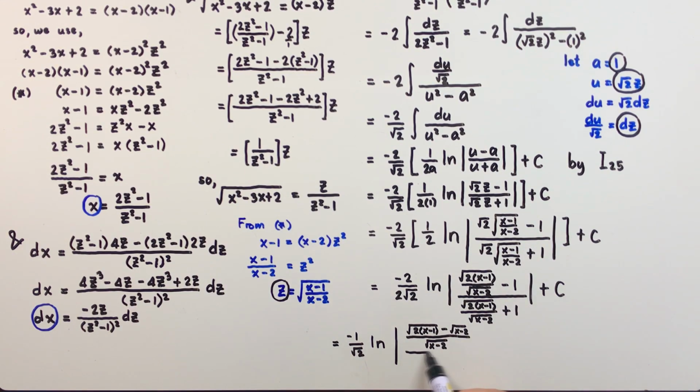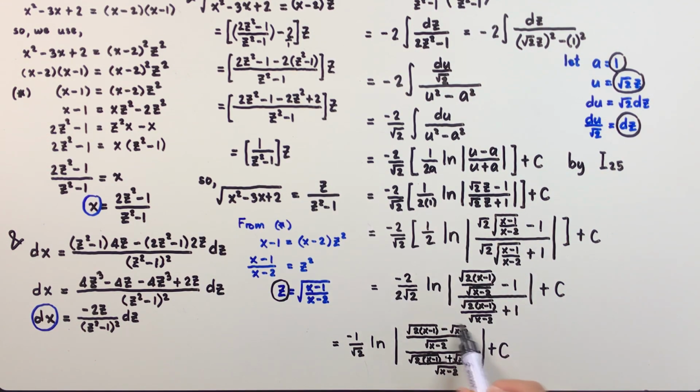And this is also divided by the LCD in the denominator, which is the square root of x minus 2. So we have the square root of 2 times x minus 1 plus the square root of x minus 2. And this is added to the constant of integration c.